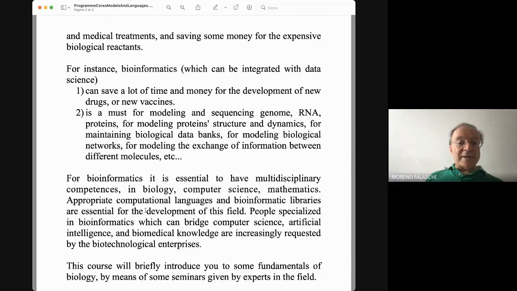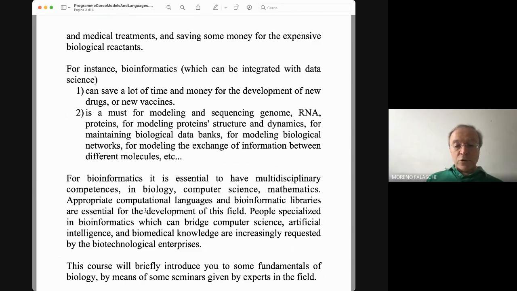It is also a must for modeling and sequencing genome, RNA, proteins, for modeling proteins structure and dynamics, for maintaining biological data banks, for modeling biological networks, for modeling the exchange of information between different molecules, etc. So there are so many different possible applications nowadays for bioinformatics, which it is essential for this discipline to have multidisciplinary competencies.